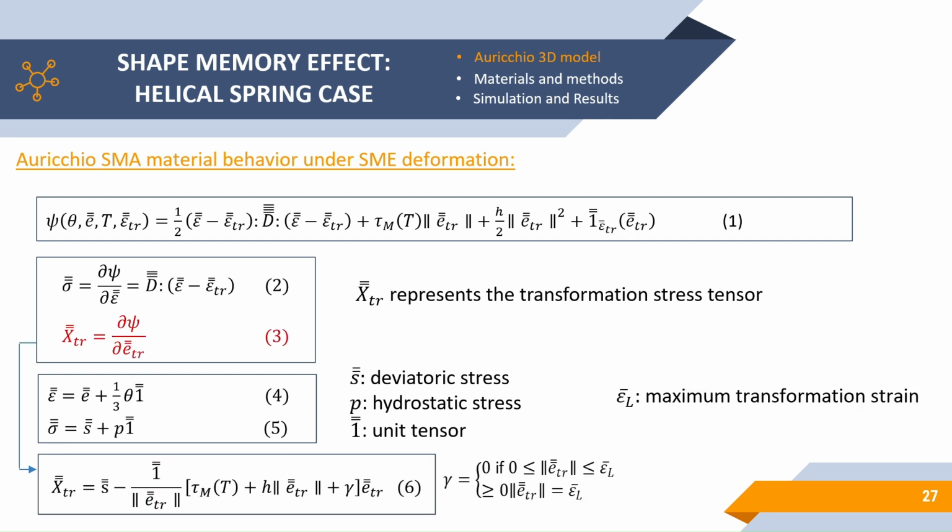Now, equation 3 can be rewritten like this, where gamma equals 0 if ETR is between 0 and epsilon L, and gamma is equal to or greater than 0 if ETR is equal to epsilon L, where epsilon L is the maximum transformation strain.